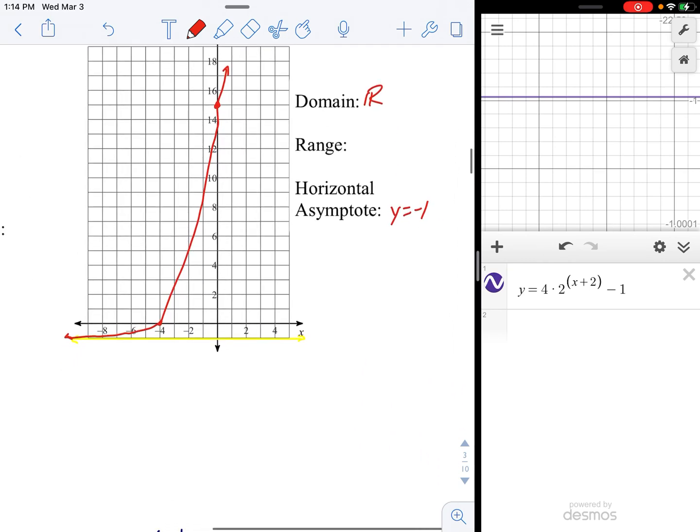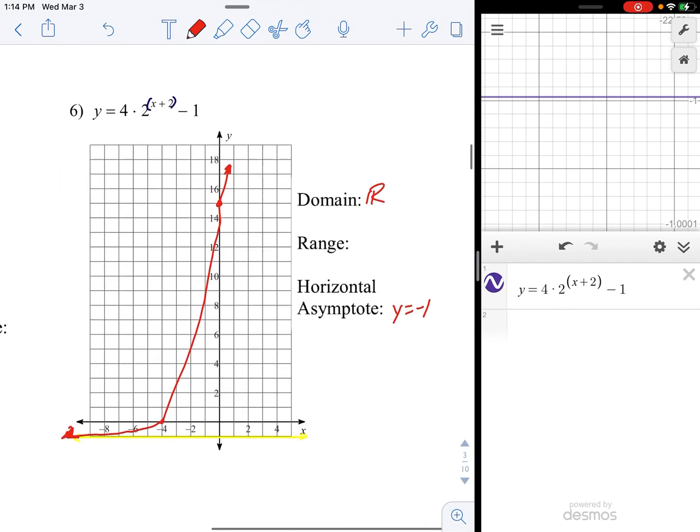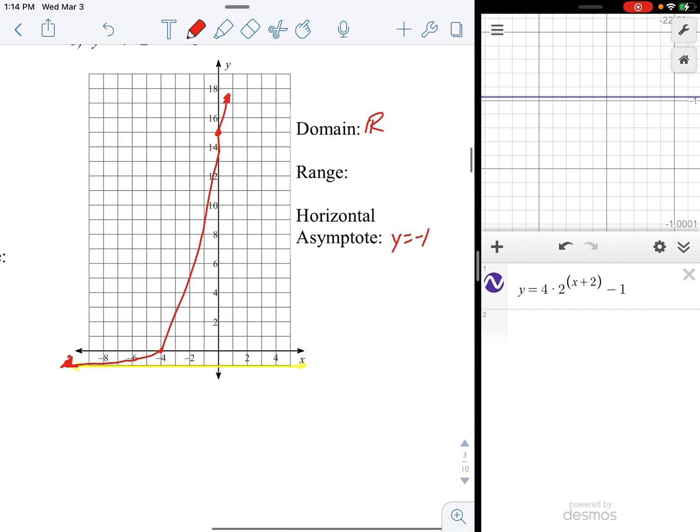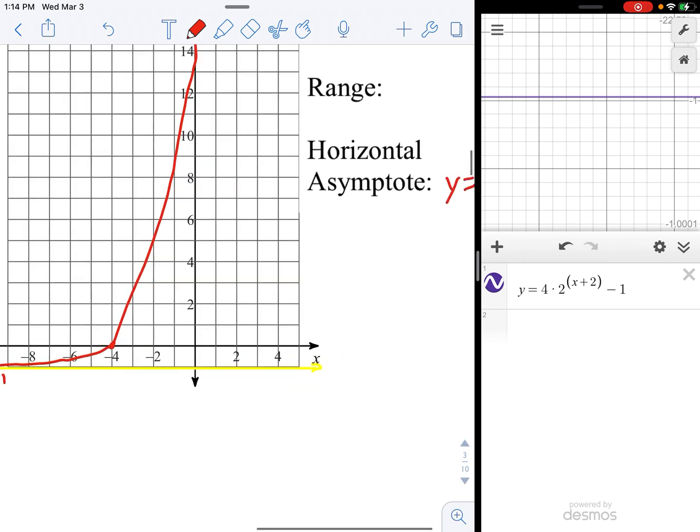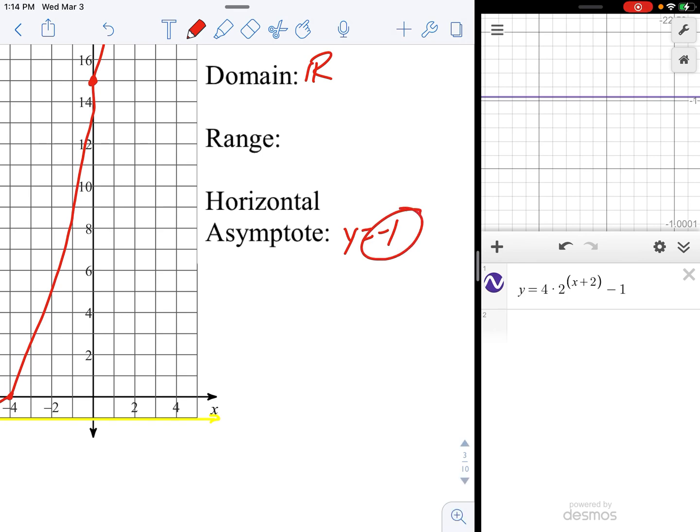All right, the domain is all real numbers, so it goes to the left forever, it goes to the right forever. Like I said, the domain on everything is all real numbers. The range, low to high. What's the lowest point it'll go? It appears negative 1. That asymptote is the lowest point that it goes. How high does it go? It goes to infinity. So to write that, we would say y. Remember, y is your vertical variable, up and down.